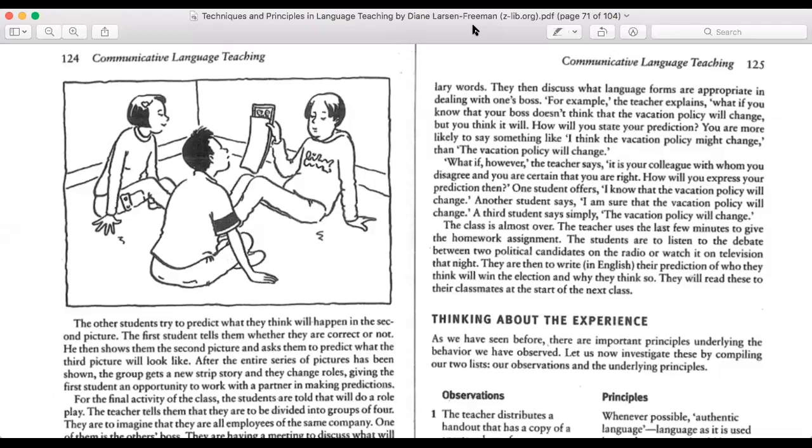Okay, and you're going to create those activities, right? For instance, you're not going to copy the activities from the book, of course. For instance, if you want to teach the class through CLT, you would select some authentic material, and then from the authentic material you're going to create your own activities.